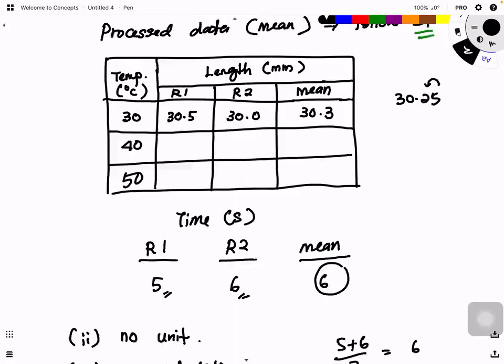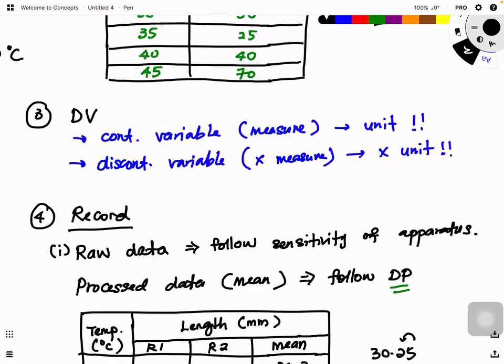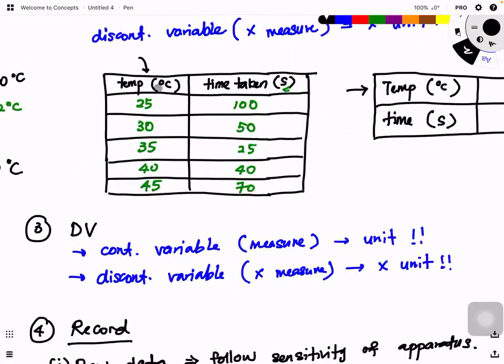In my table here, this is what we call ascending order, because I start from the lowest temperature to the highest. But sometimes the question asks you to start from 45 degrees Celsius, the highest, then you record 45, 40, 35, 30, 25. So it must be in order. You cannot say, okay, I start with 45, then the next I want 40, oh, the next one I want 25. Cannot. It must be in order for the independent variable. Are you clear?